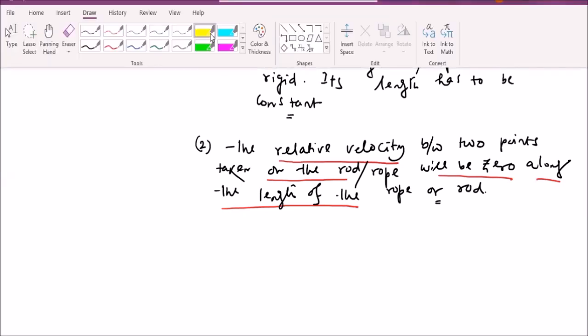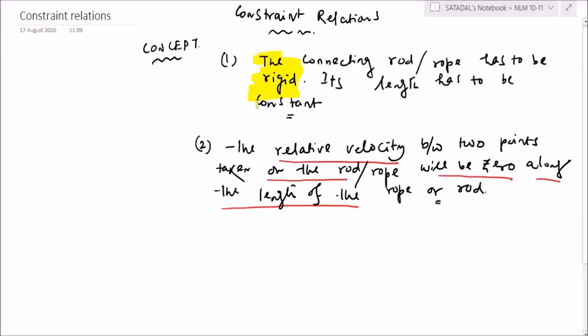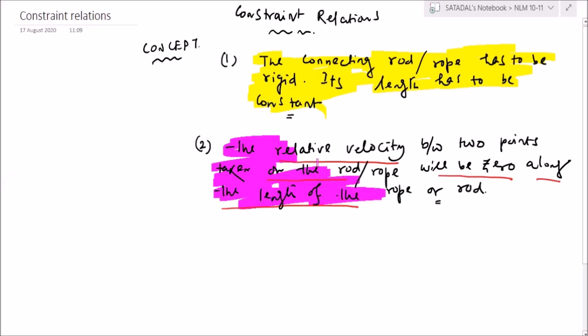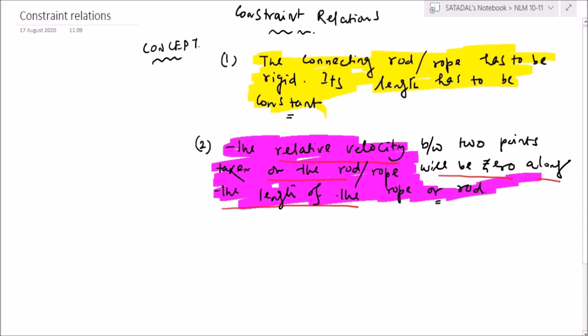So this is our concept one. Okay. And this is concept two. So basically we will work out on these two concepts only. All the applications we will see either with the help of concept one or with the help of concept two.